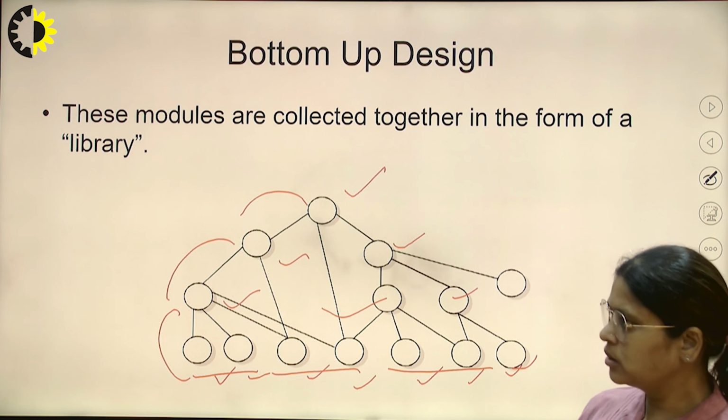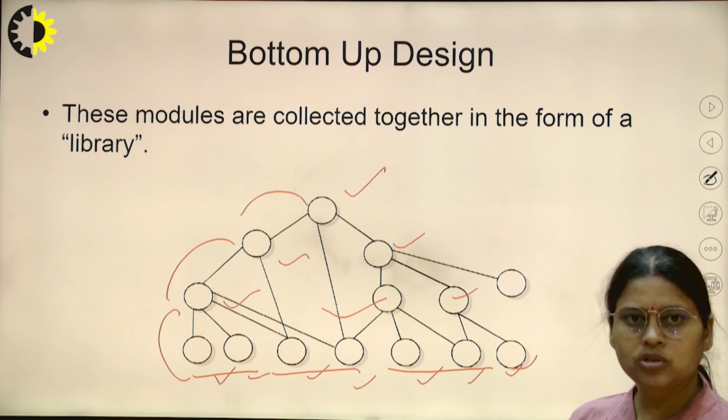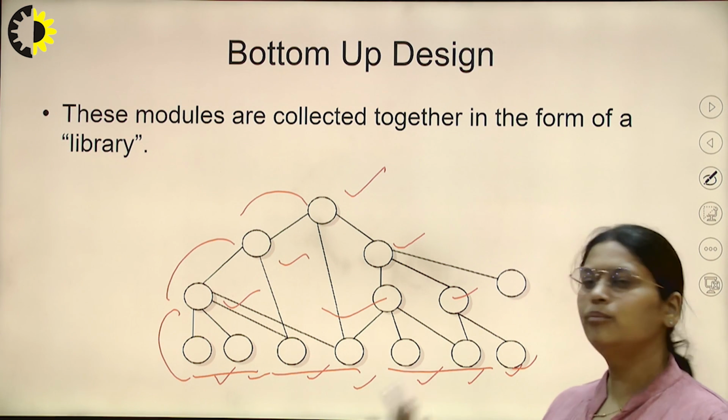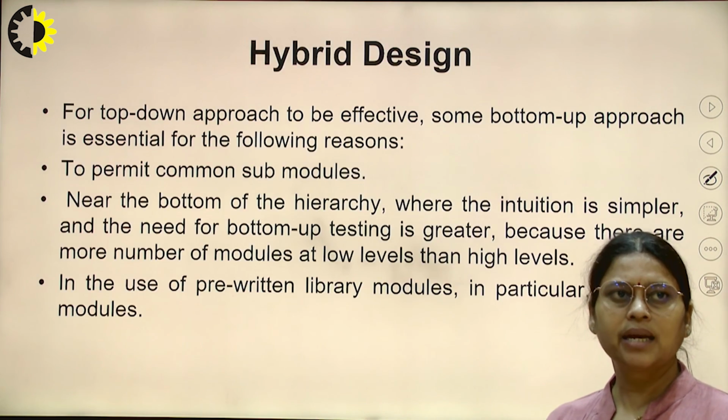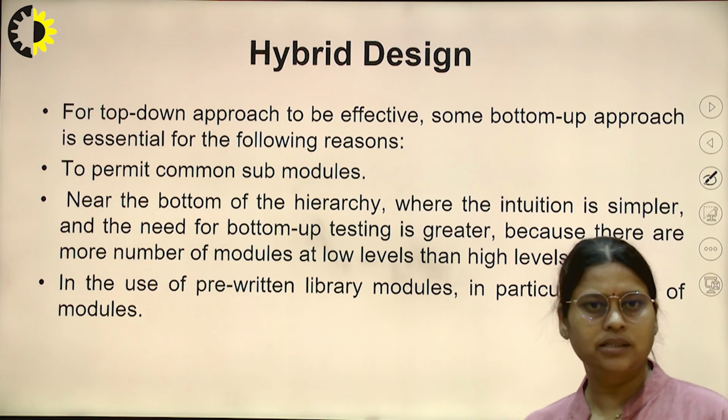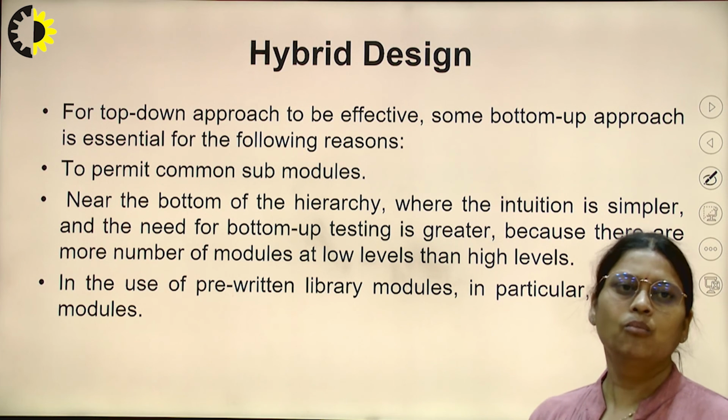So, top level is the opposite of bottom level design, and most companies use top level designing. And hybrid designing is a combination of top level and bottom up.